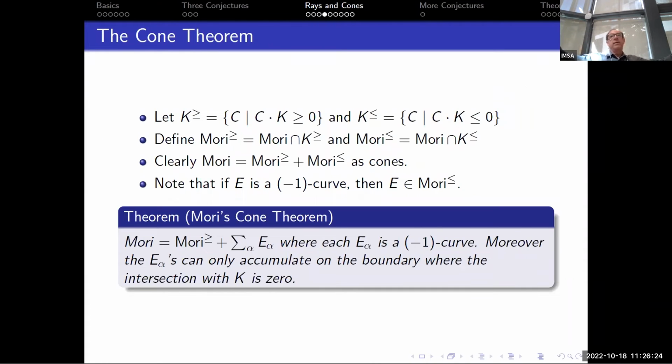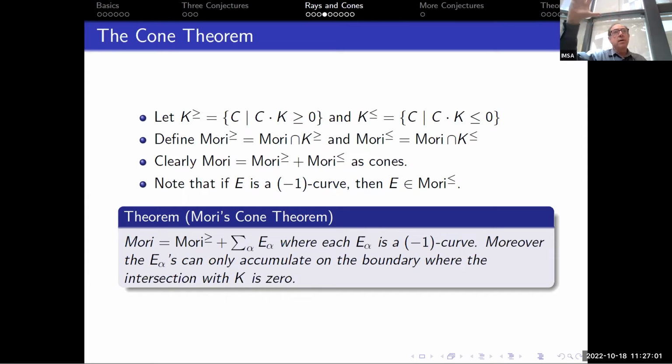The Mori cone itself is the mysterious part that intersects K positively, and the cone generated by -1 curves, all of which lie on the negative part of the Mori cone. So the negative part of the Mori cone is well understood in relation to -1 curves. Not that we understand -1 curves extremely well, but if you can understand them, you'll understand the negative part. And so the mysterious part is the positive part.